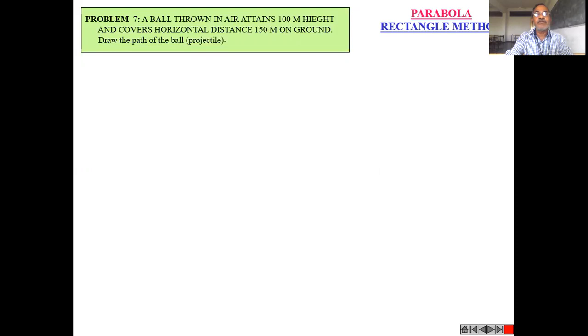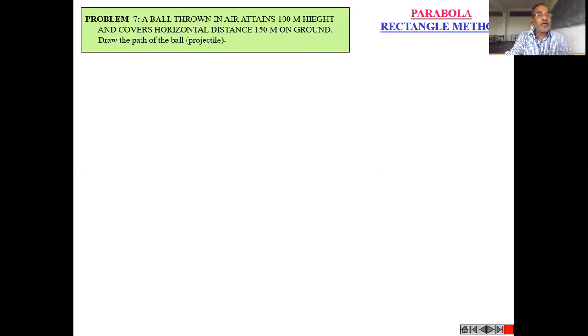That is very, very important, because here in the data, parabola is not mentioned. You don't need to be anxious or confused. Whenever a ball is thrown, it takes a parabolic path. Because of physics, we know that.